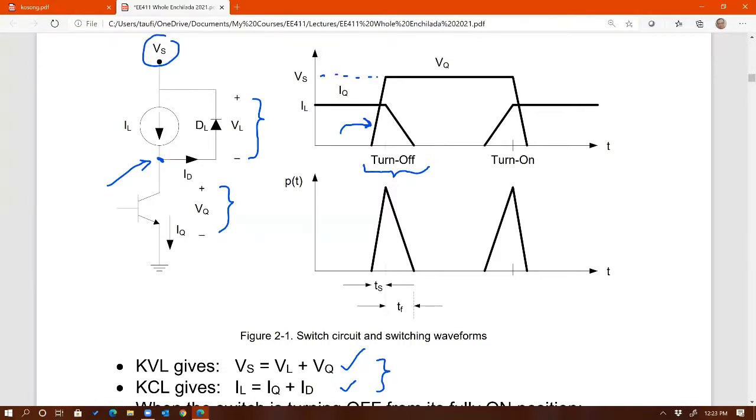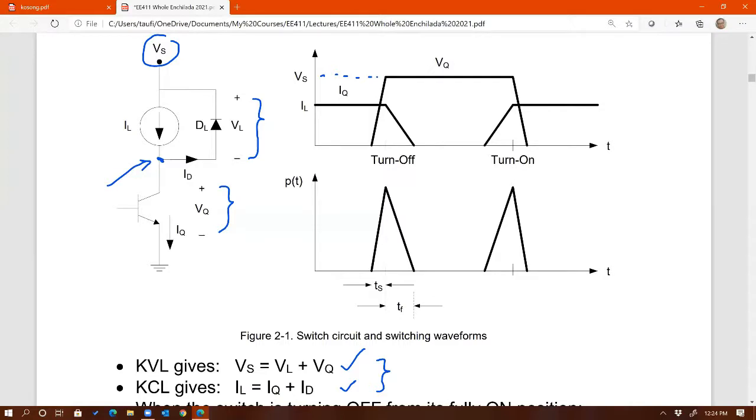Okay, why is this? That's probably what goes in your head. Why is the transition like this? Why is it that voltage starts to change first, and why is it that current will have to wait until it can come down?